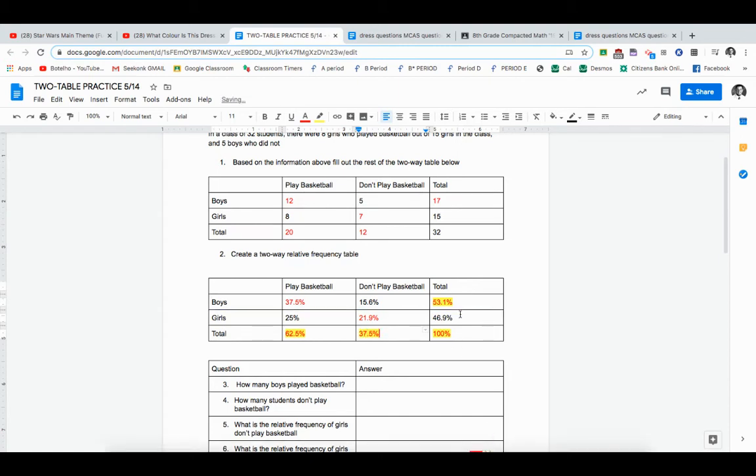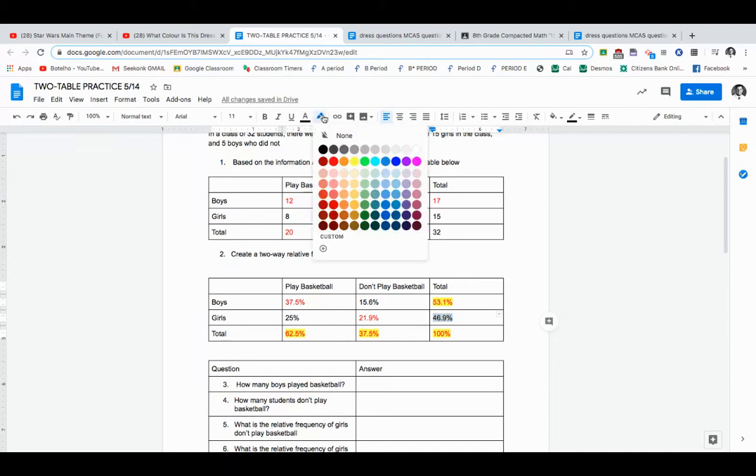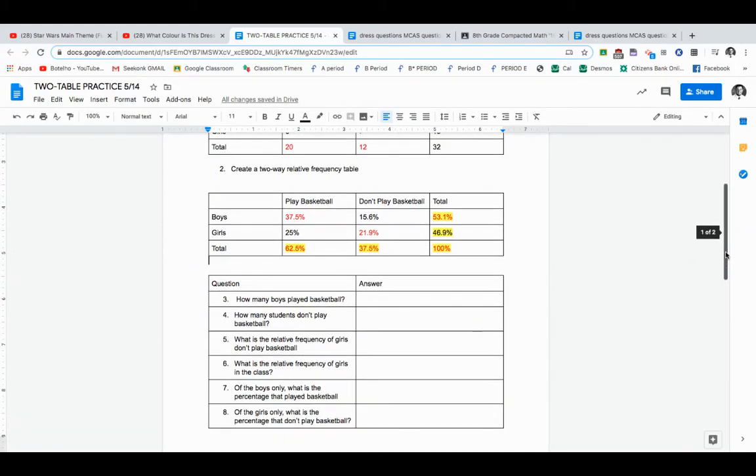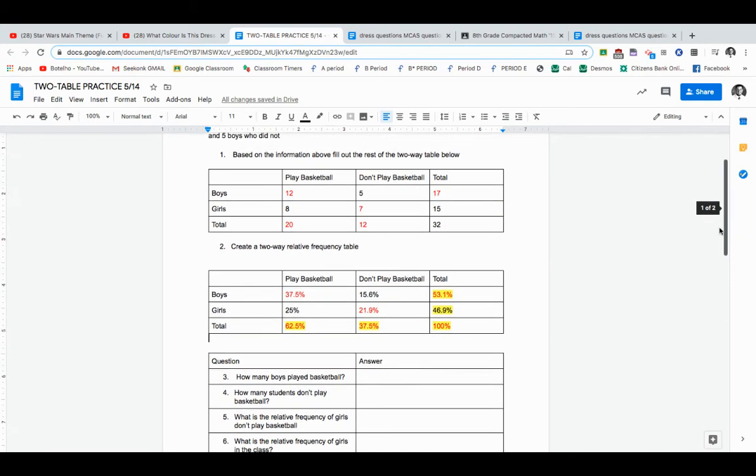I had these highlighted for the simple fact that the numbers worked out nice. This plus this is 100, and this plus this is exactly 100. Remember, depending on how you round, sometimes it's not always that perfect.